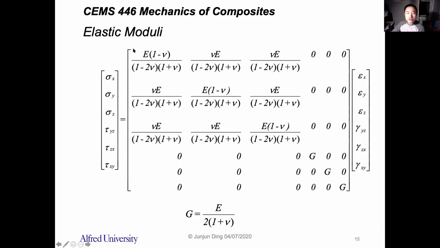And see, this matrix is also made of Young's modulus, Poisson ratio, and the shear modulus, right? The shear modulus can be calculated based on the Young's modulus and the Poisson ratio. So this elastic moduli of the isotropic material actually only has 2 variables, right? One is the Young's modulus, the other one is the Poisson ratio. So if you know those 2 variables, you know the relation between stress and strain. Okay.